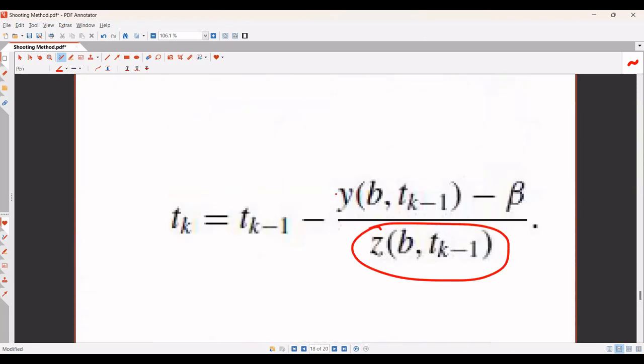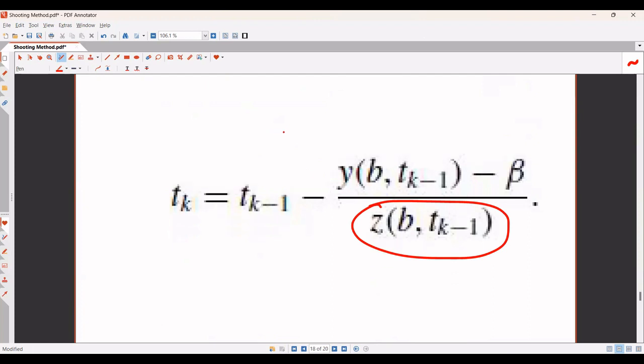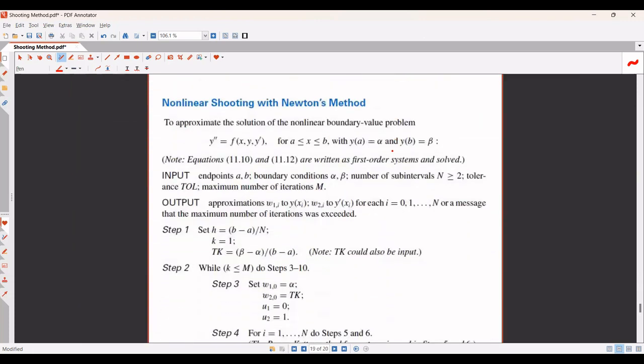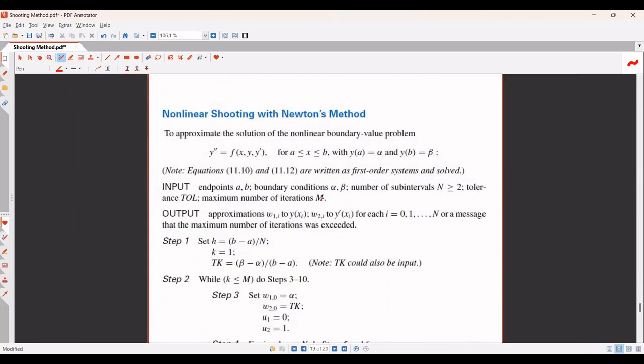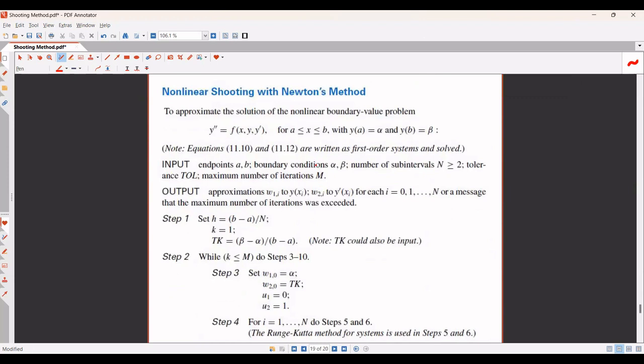But if I provide you any problem just for this course, I want you to stick to this method that involves the Newton-Raphson equation. But later in your life, if you ever use the nonlinear shooting method, you can choose any method you want to solve for t.